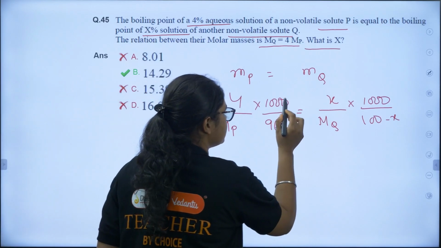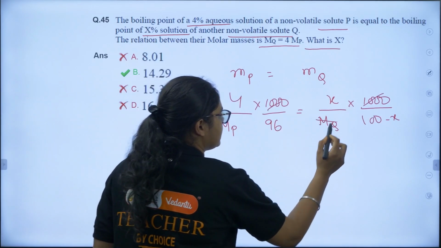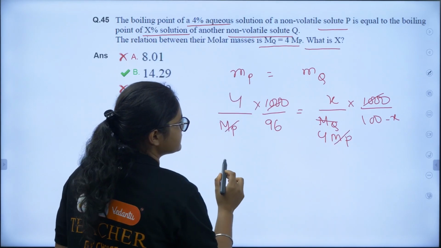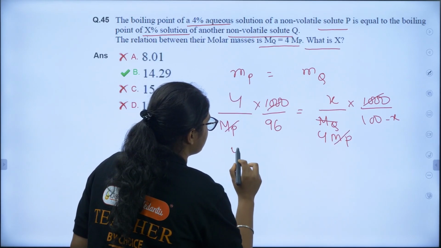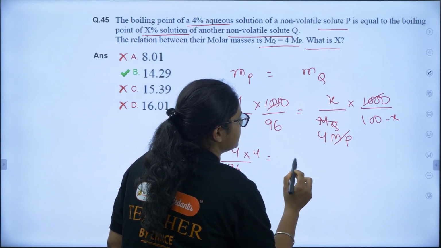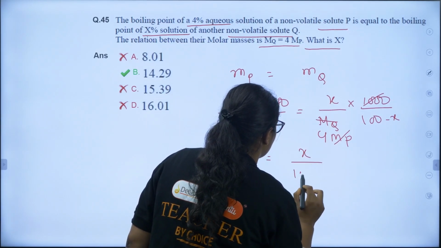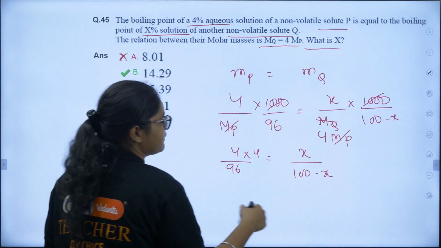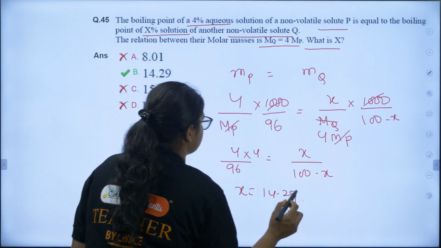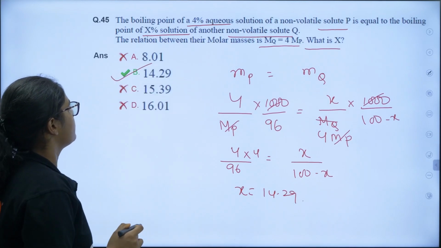Now if you want to calculate this one, in place of MQ I can write 4 times of MP, then MP will get cancelled. So I can write 4 by 96 into 4 is equal to X by 100 minus X. Okay. Now you have to solve this X value, and once you solve it, we'll be getting around 14.29. So the correct answer for this question will be option number B.